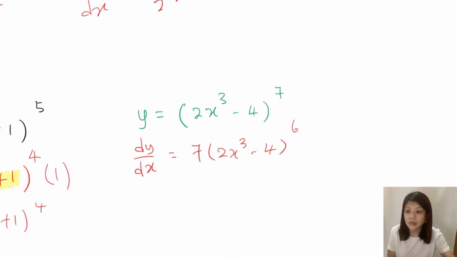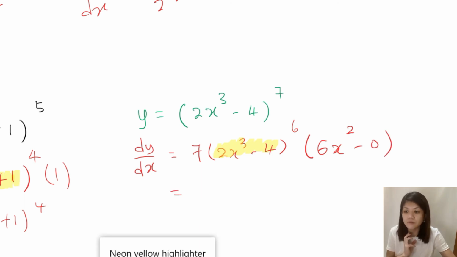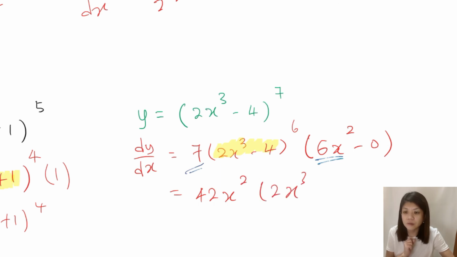And then don't forget to do what is inside the bracket, using the first rule that you have learned. I always like the idea of simplifying the single terms. Simplifying the single terms will give you 42x squared, and then this is the final answer.